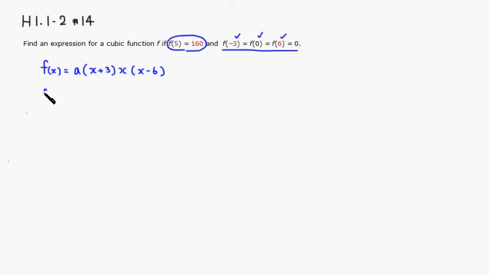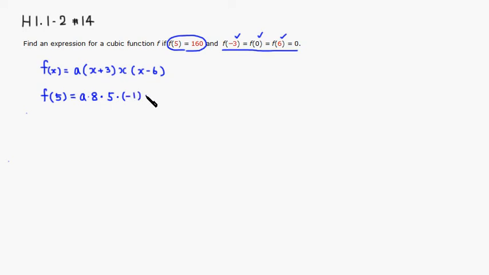So we plug in x equals 5. It's going to be a times 5 plus 3, which is 8, times x, which is 5, times 5 minus 6, which is -1.